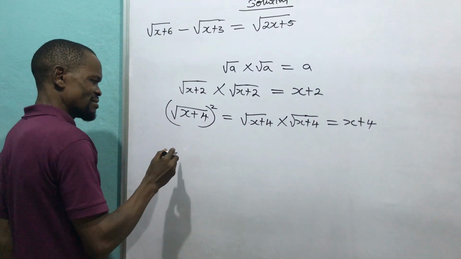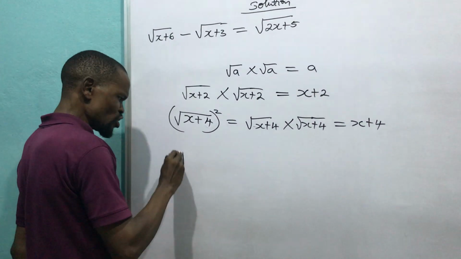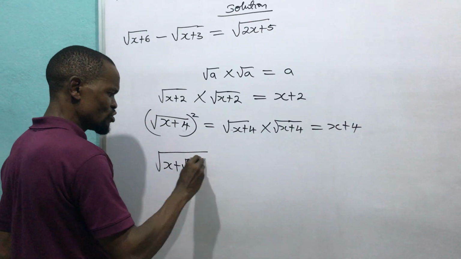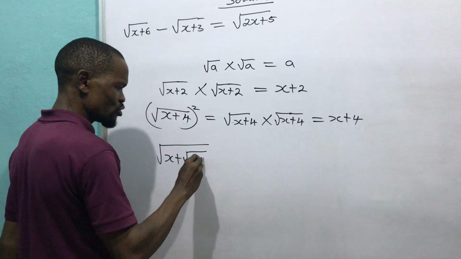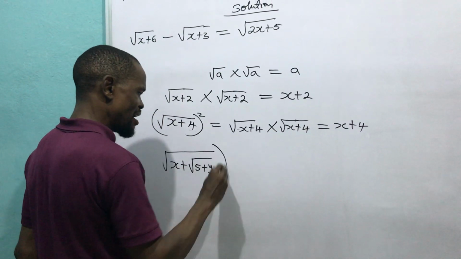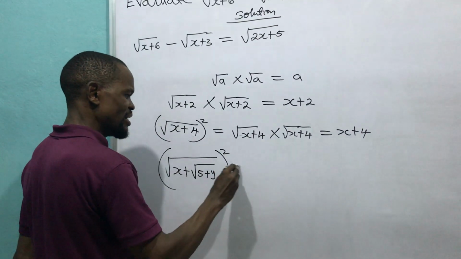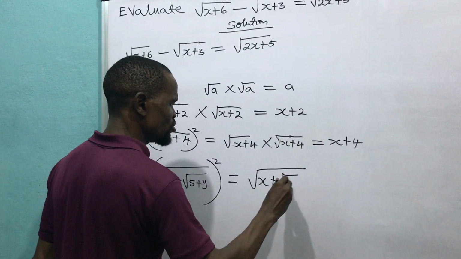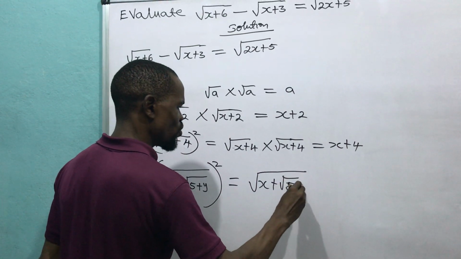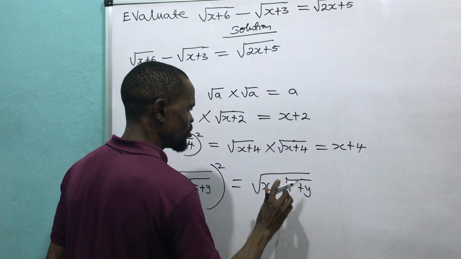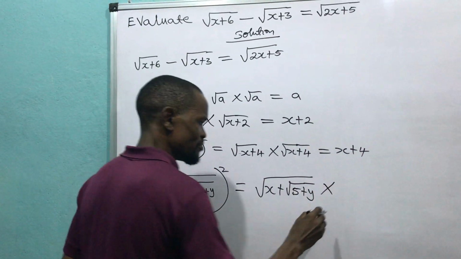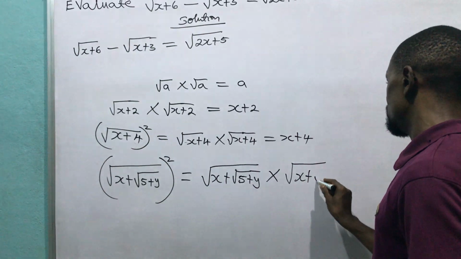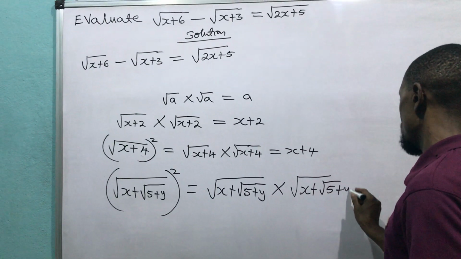Then let us look at this. If I have root of x plus root of 5 plus y, all squared, this simply means root of x plus root of 5 plus y, times root of x plus root of 5 plus y.